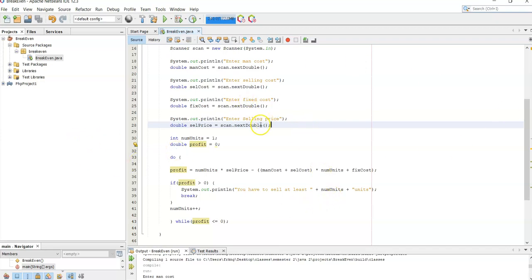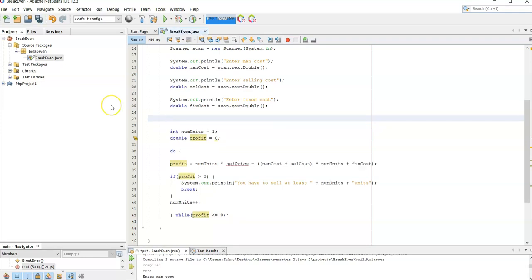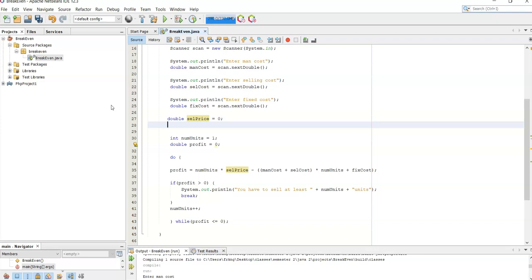Okay, I need a while loop here, right? Let's delete everything, and I can initialize the double selling price to 0. And for the while loop I'm going to use a boolean. While the boolean is true, the while loop will work.